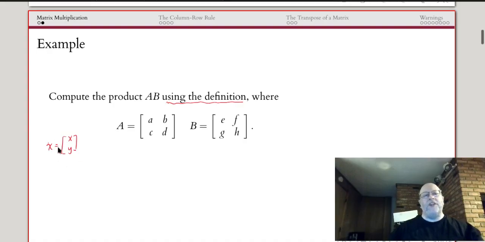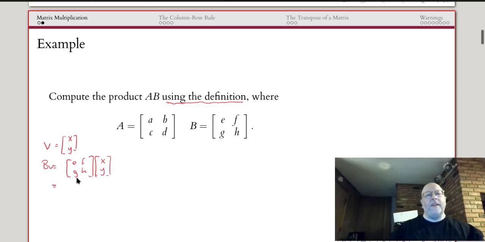And I probably shouldn't use two X's here, so I'll call this vector V instead. There we go. So B times the vector is going to be EF GH times XY.